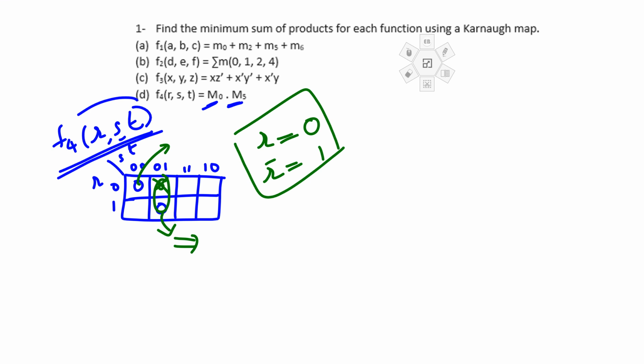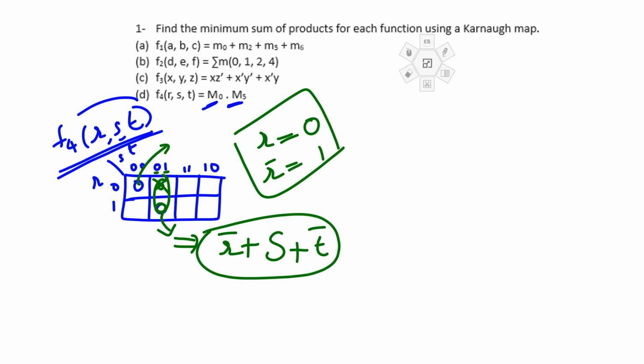I will write for this. So there is one 0. For this 0, R bar plus S, again. See, 0 and 1. This 0 position is S and this 1 position is T. So S means 0, so S only, then again plus, then T is T bar.